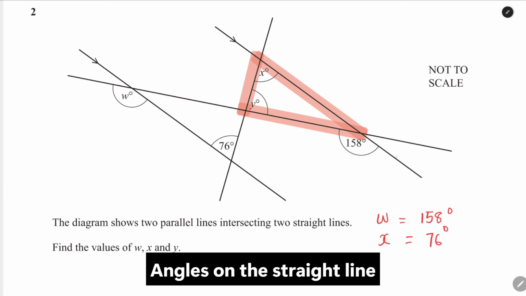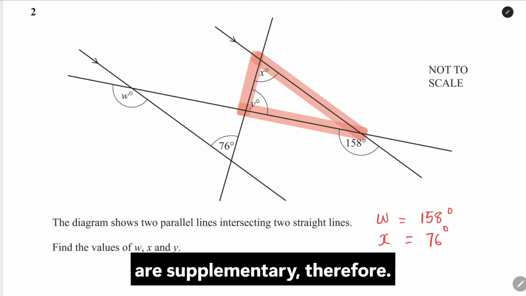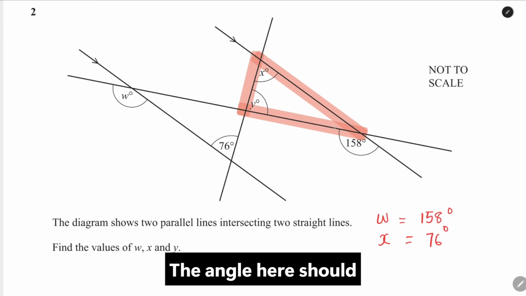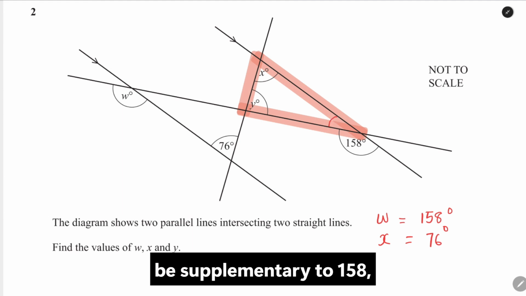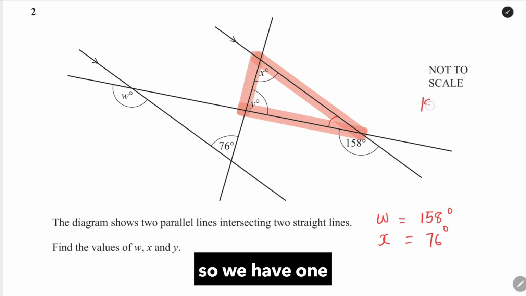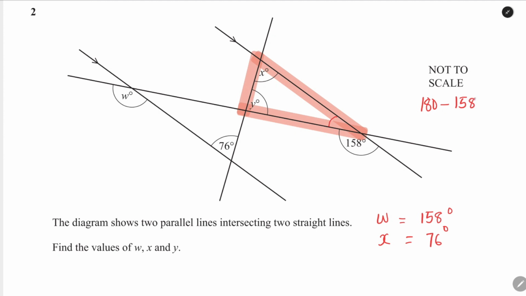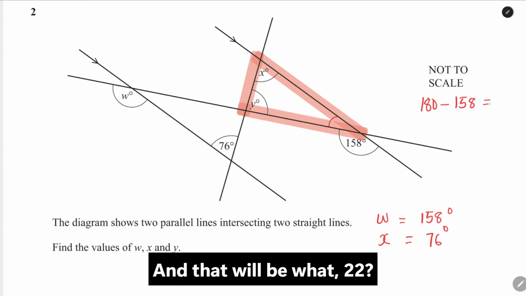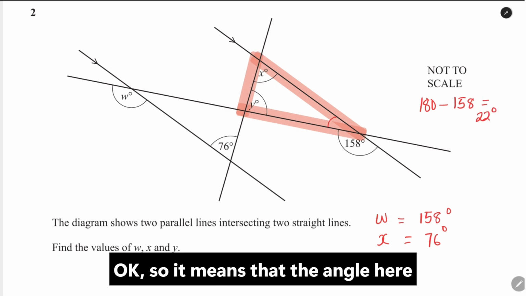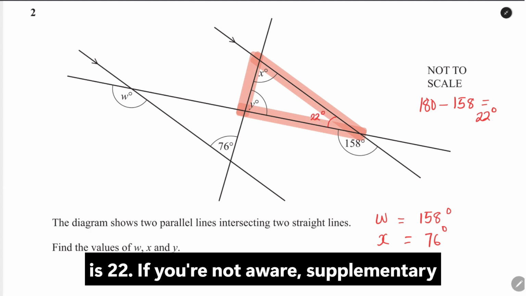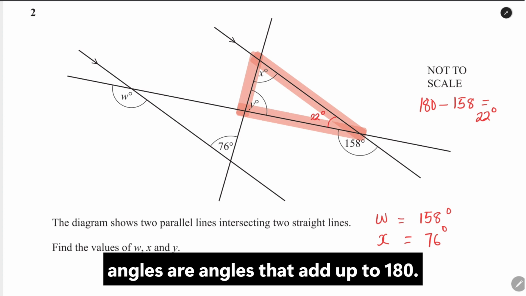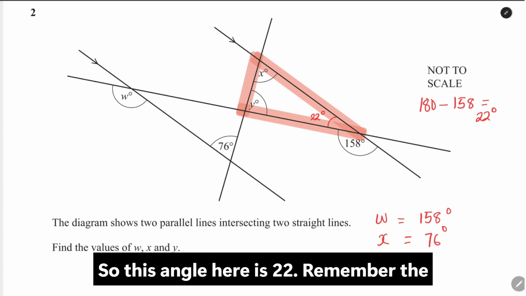Angles on a straight line are supplementary. Therefore, the angle here should be supplementary to 158. So we have 180 minus 158, and that will be what? 22. Okay, so it means that the angle here is 22. If you're not aware, supplementary angles are angles that add up to 180. So this angle here is 22.